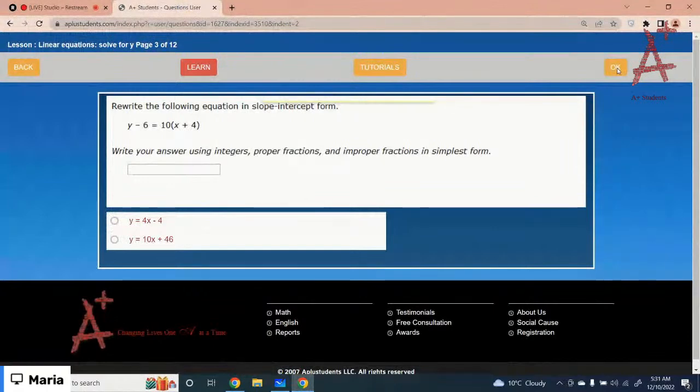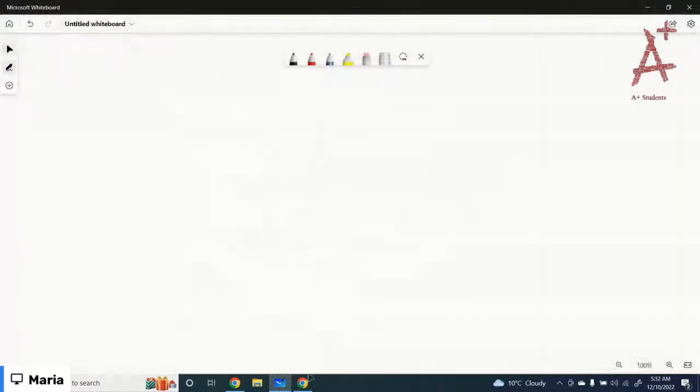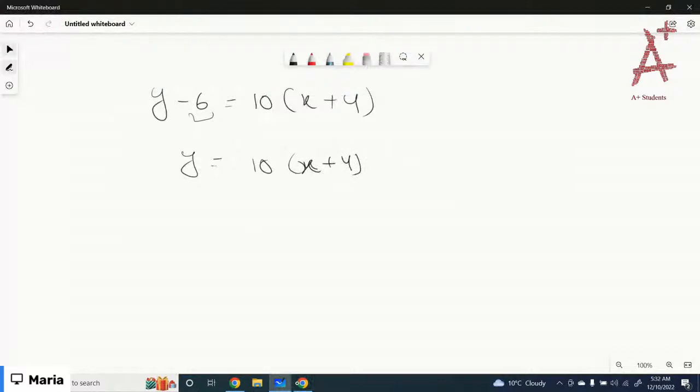Okay, the next one is y minus 6 equals 10 times x plus 4. Let me just see. Okay. So first of all, move that 6 to the other side. It would be y equals 10 times x plus 4 minus 6.